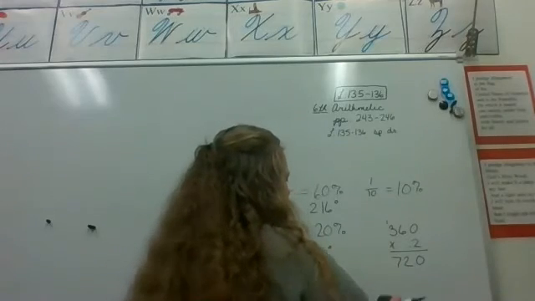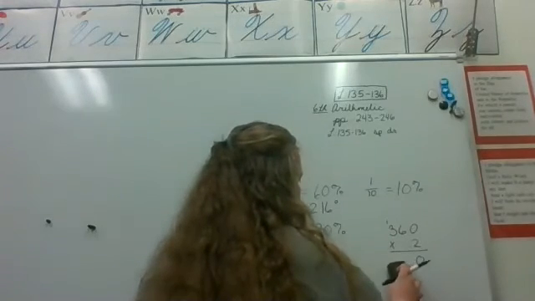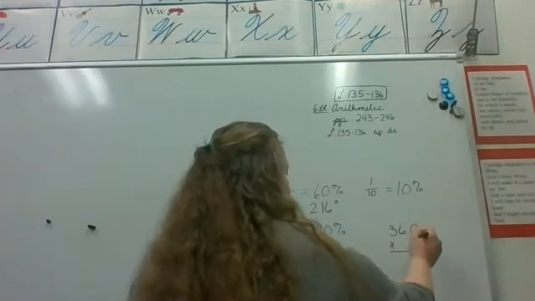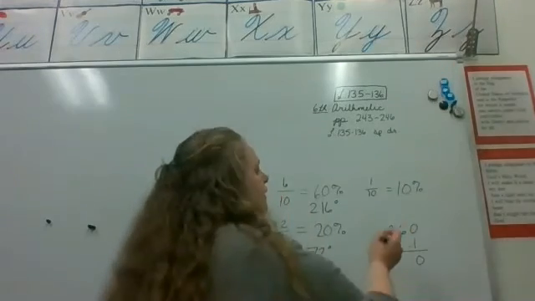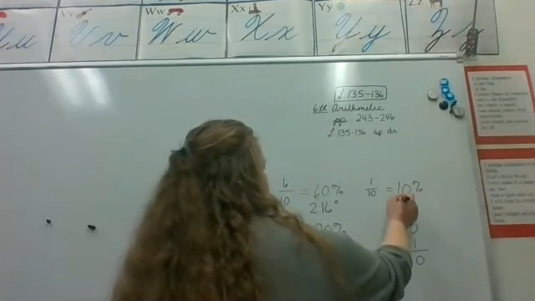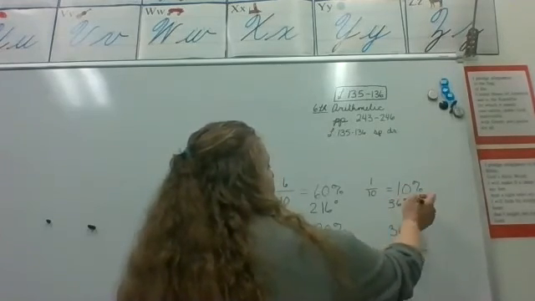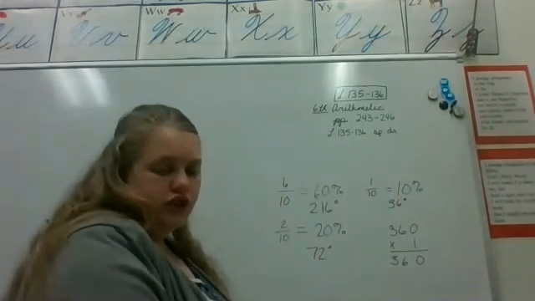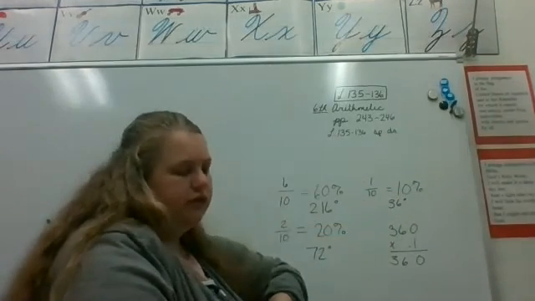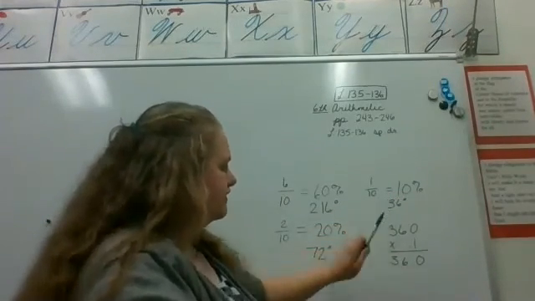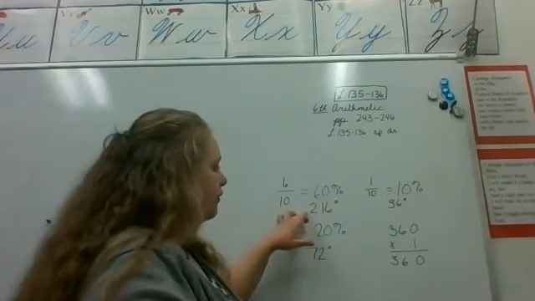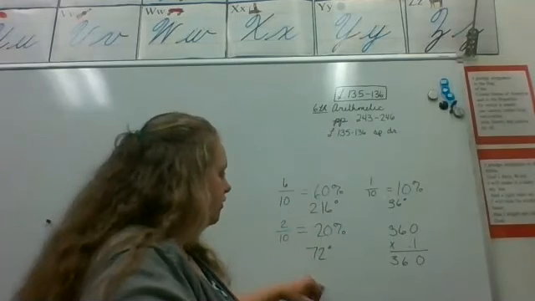And then for the last one, we're going to multiply by 0.1, which gets us 36 degrees. So you're going to have two angles in your circle graph that are 36 degrees, one of them that's 72, and then what is left over will be a 216 degree angle.